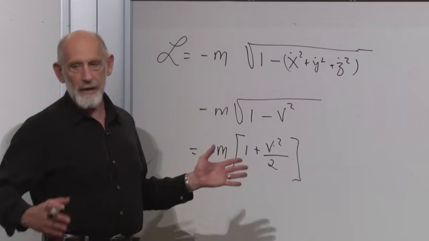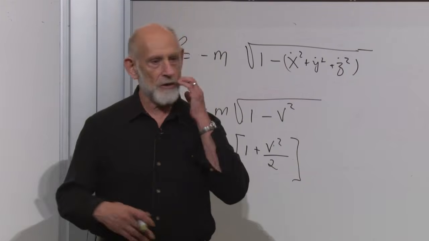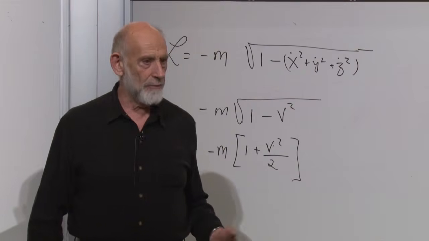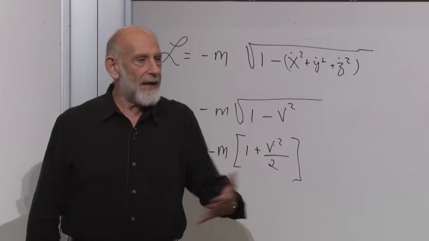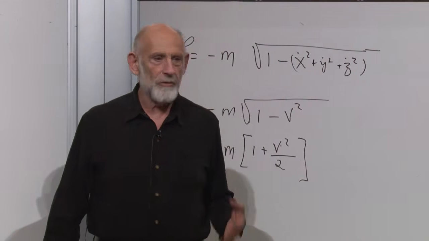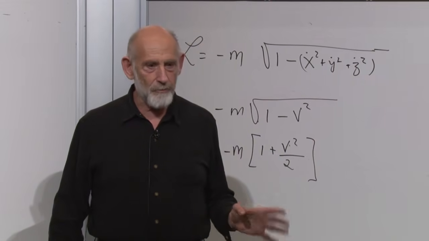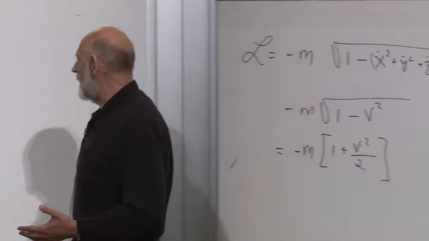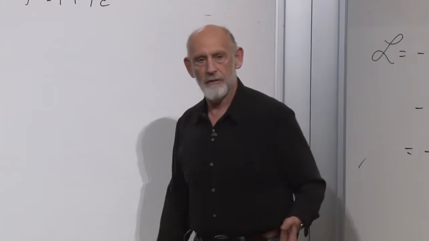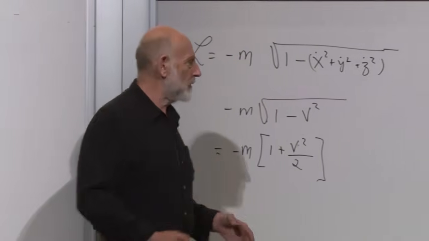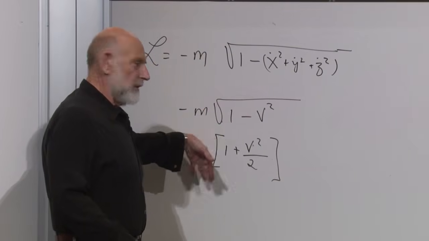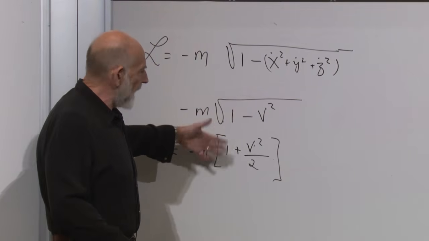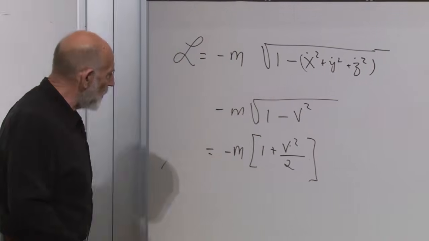It doesn't depend on position. It doesn't depend on velocity. It's just a number. What does adding a number to the Lagrangian do? Nothing. Adding a number to a Lagrangian does nothing because, comparing the action of different trajectories, the constant piece doesn't depend on the trajectory, doesn't depend on x, doesn't depend on the velocity, and plays no role at all.